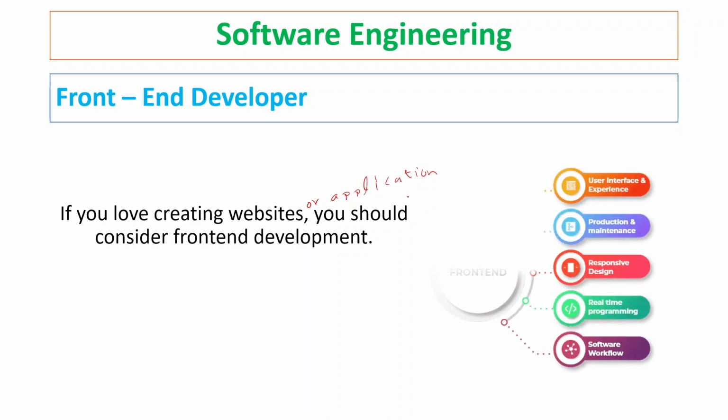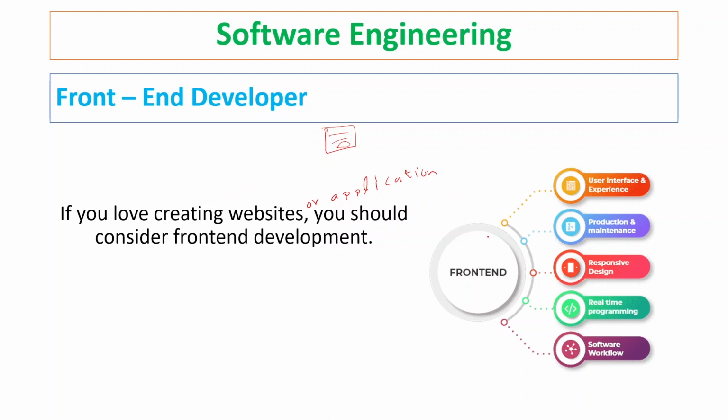For example, if you take a website, the front-end part means things we can see on our screen, right? That includes text, diagrams, animation, buttons, all of these things. So as a front-end developer, you can build this.